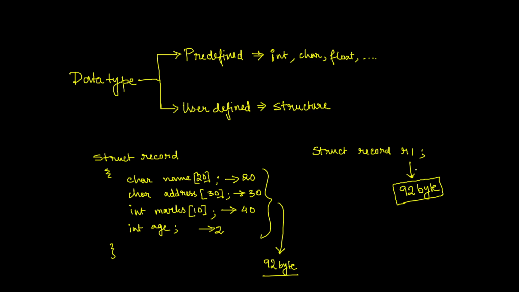Now, as the number of instances increases, obviously all the instances will take 92 bytes of location. By the way, I'm sorry, it should not be 40, it should be 20. I made a mistake, it is int. So anyway, it is 20 plus 30, 50, 72. So it's not 92, I'm sorry, it should be 72. Anyway, 92 or 72 is not important.